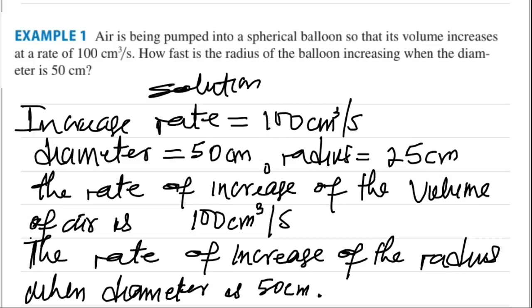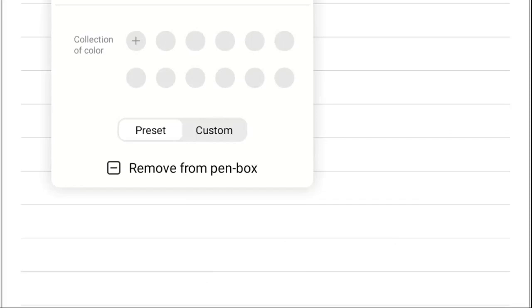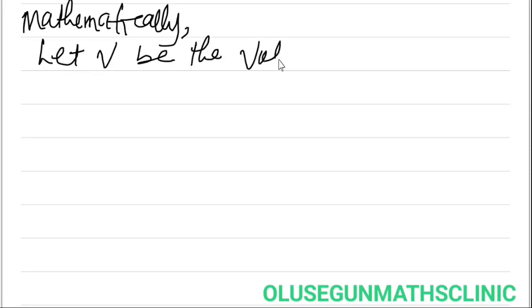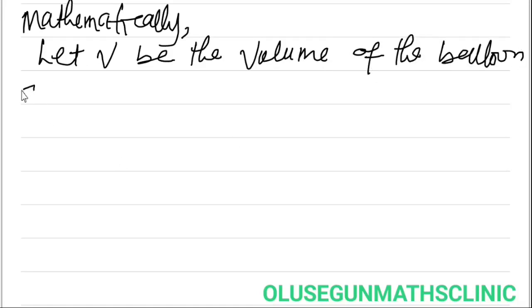In representing this in mathematical form, this can be represented by: let V be the volume of the balloon, and R be its radius.